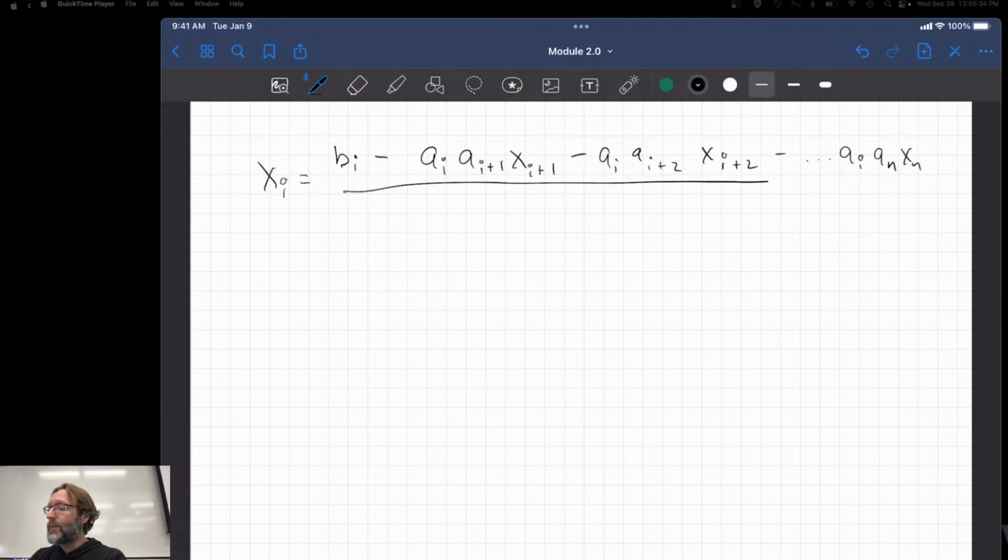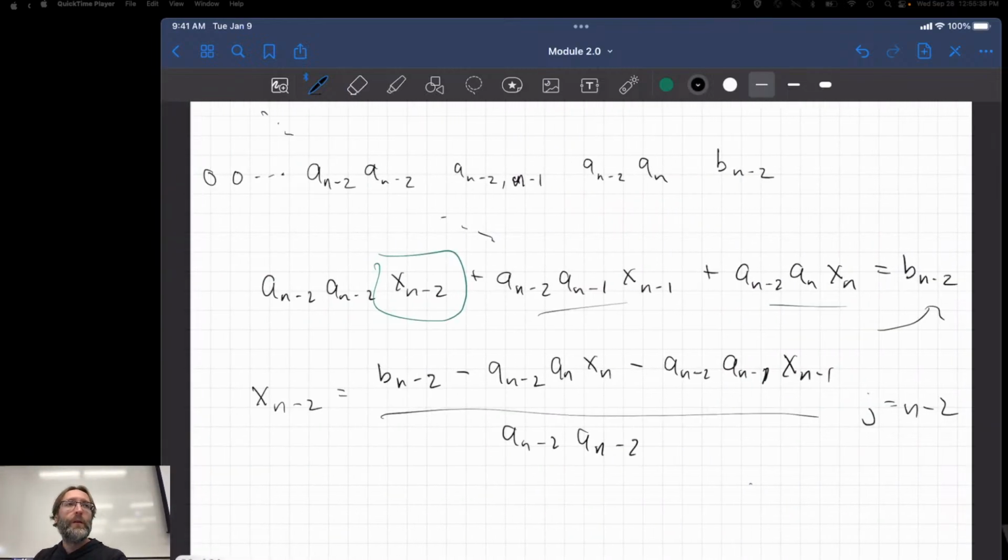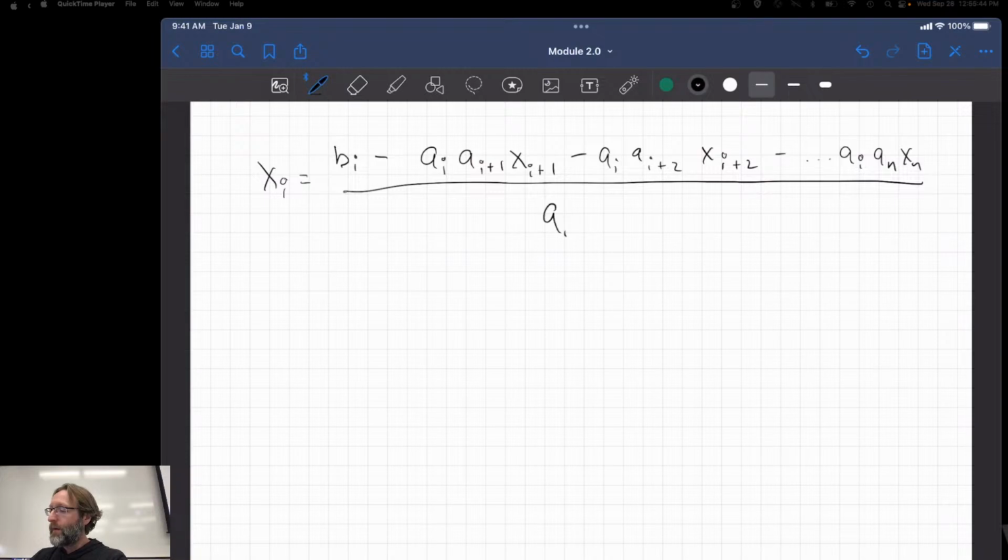Don't forget your denominator. What goes down there? a sub i i. There we go. So all you have to do is do this for i running from n, the last variable, all the way back up to the first variable.